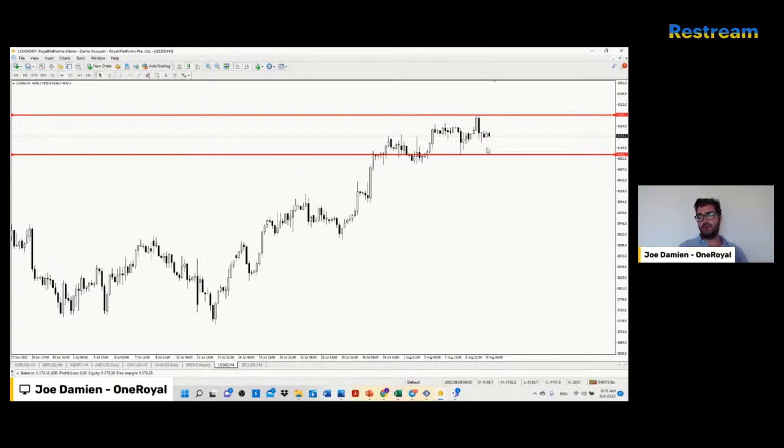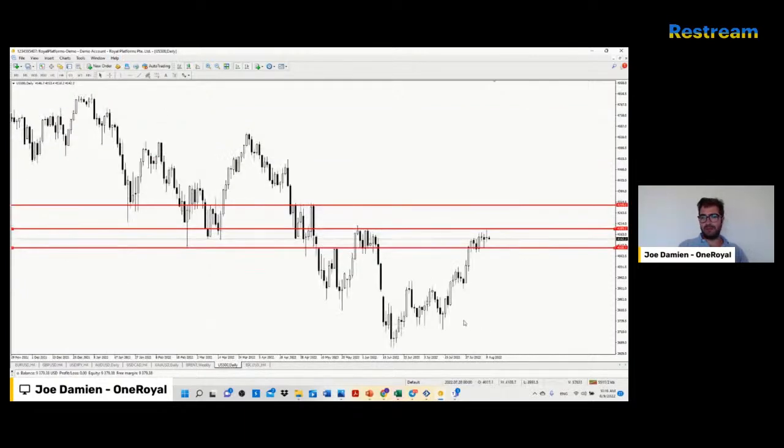Why most probably will we see a move to the upside? Because we are in an uptrend, so most likely the market will continue its uptrend. This is a new uptrend after breaking this bearish trend line. We were in a long bearish trend line, and now the market is trying to build a new uptrend. So we have a consolidation.